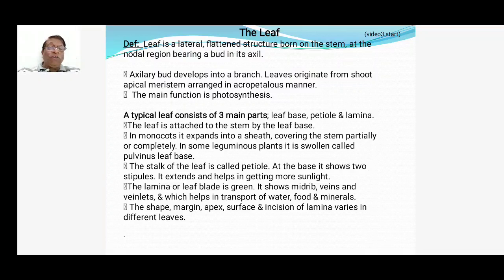The tip of the leaf is called leaf apex. If you examine the leaf surface, some are dark green in color and shiny. Some leaves have hairs on the surface. And incision of the lamina varies in different leaves. Incision means deep cuttings. So that is all about the typical leaf.